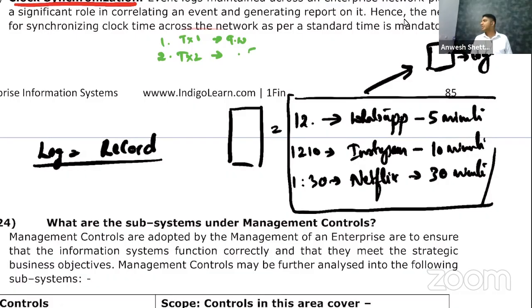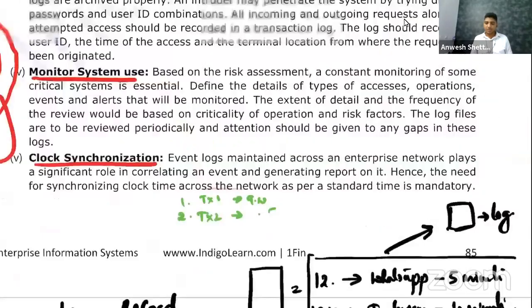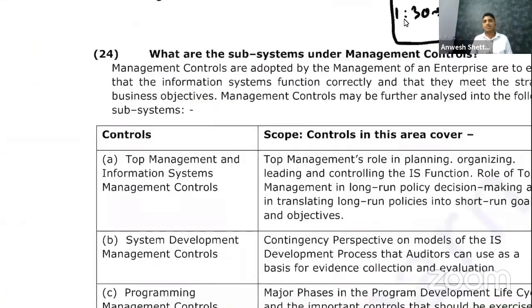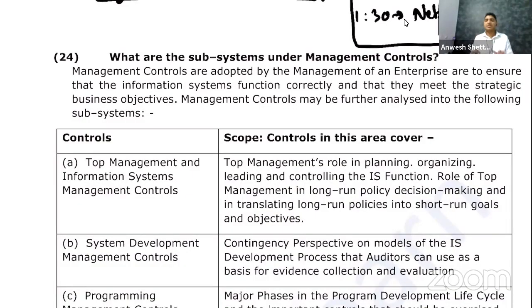There is one more question, that is discretionary access control. We discussed this point. Discretionary access control basically means one person sitting in the IT department gives different access rights to different employees. That is discretionary. Discretionary means his choice, and it may vary from one person to another.